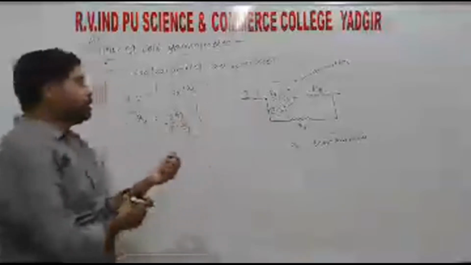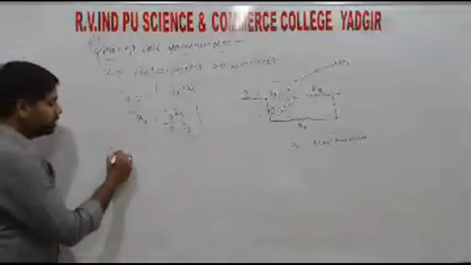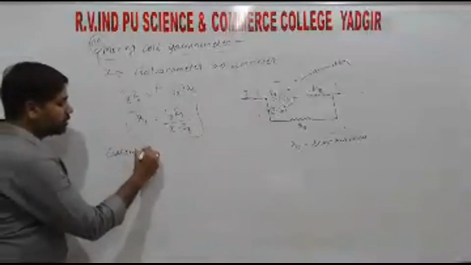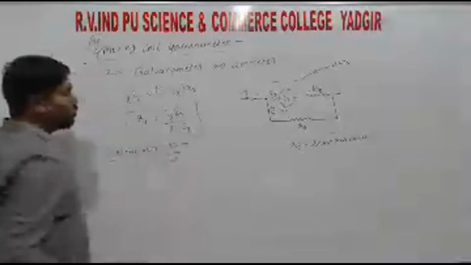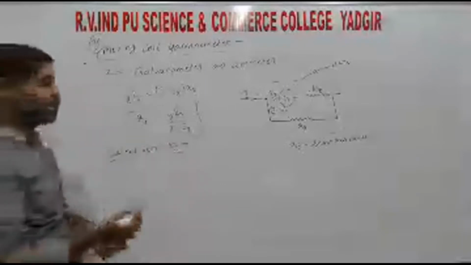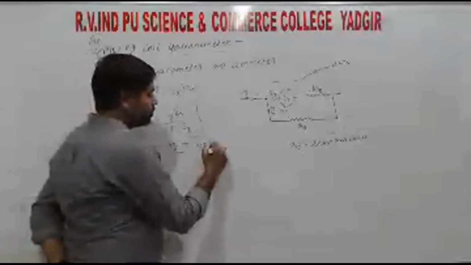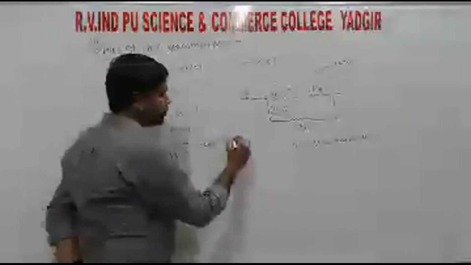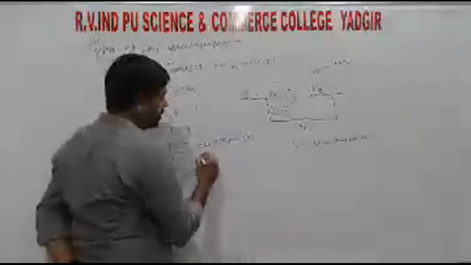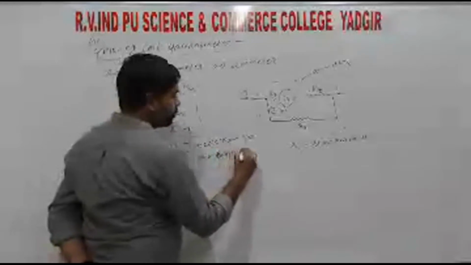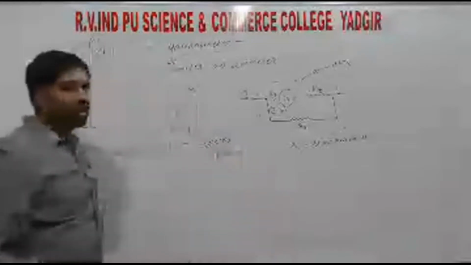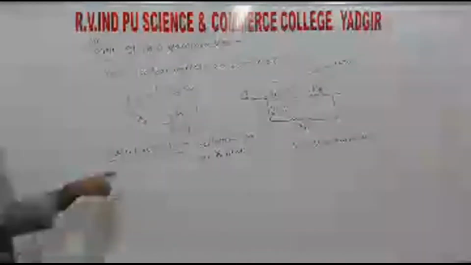So here one more term we are getting, that is current sensitivity. What is current sensitivity? That is deflection per unit current, which we call current sensitivity, right?